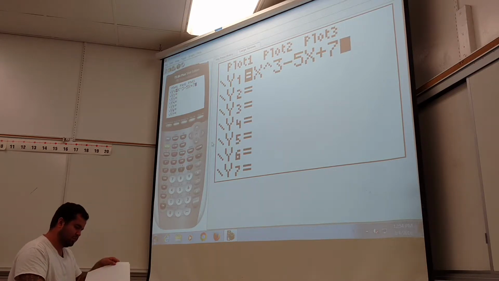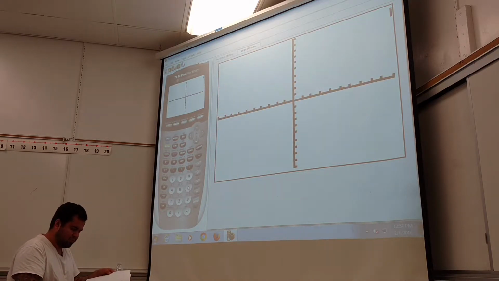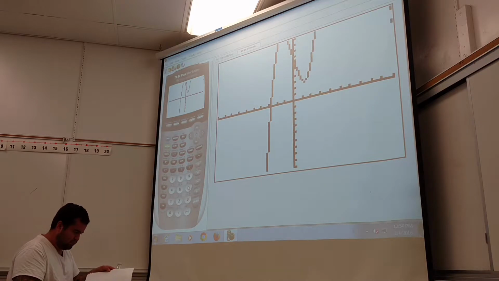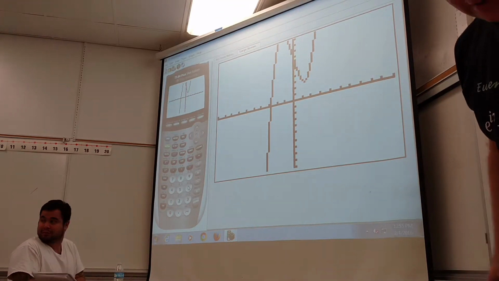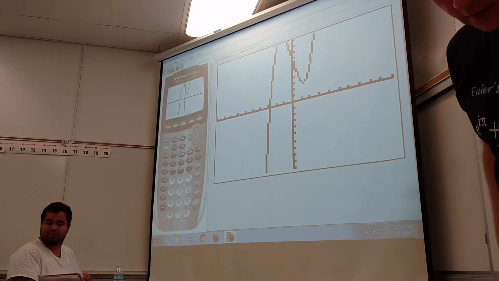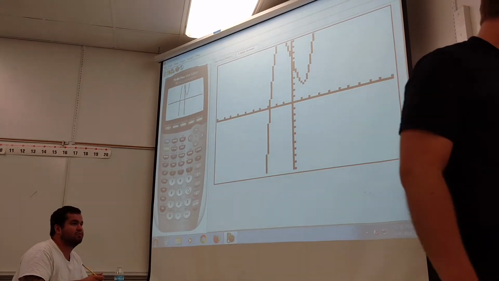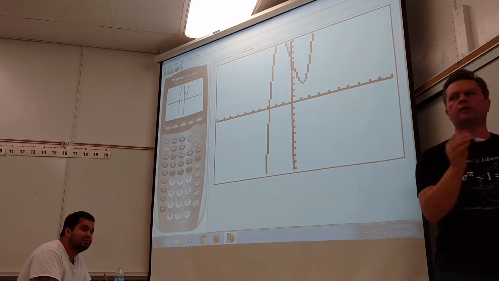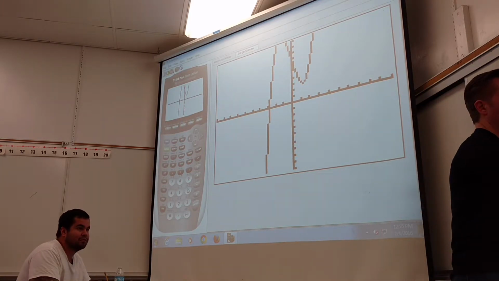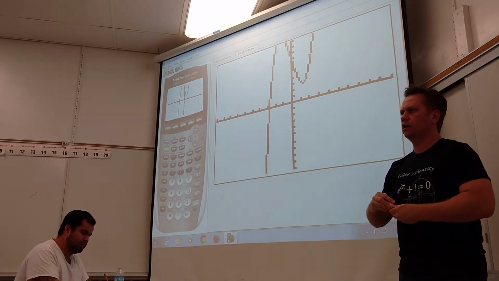Visually, if I graph this function, hit Zoom 6 so we're all on the same page. That's what it looks like. I'm curious about the point 2. And what else did it give us? It gave us an epsilon of 0.2. So who remembers the first thing we had to do? Which axis is epsilon talking about?